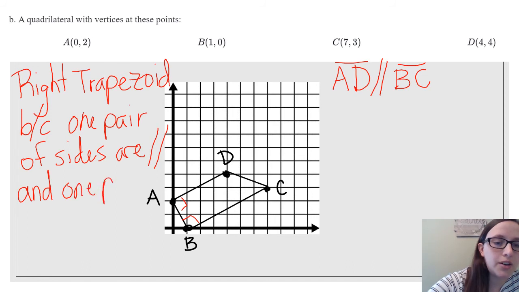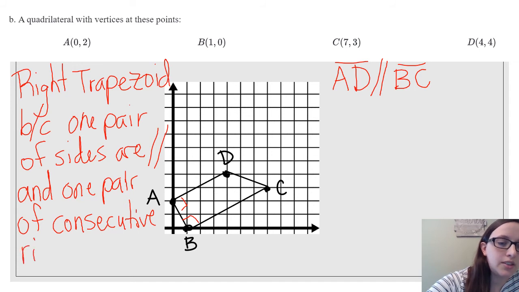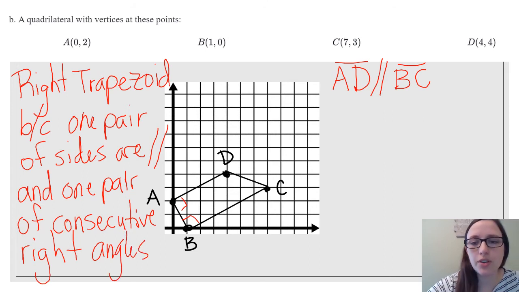one pair of consecutive right angles. So I'm going to also prove, so it's kind of my first part.